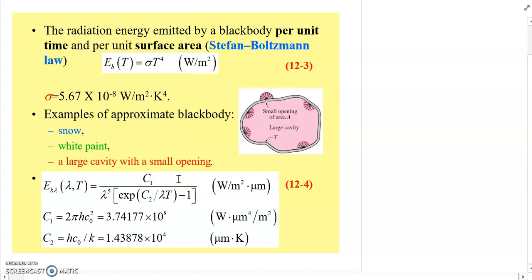That is only applicable for other media besides gas and vacuum. For gas and vacuum, you can just straight away use the constants C1 and C2 and replace lambda and T with your interested wavelength and temperature.